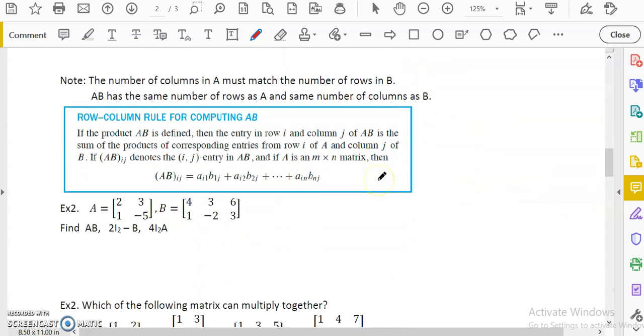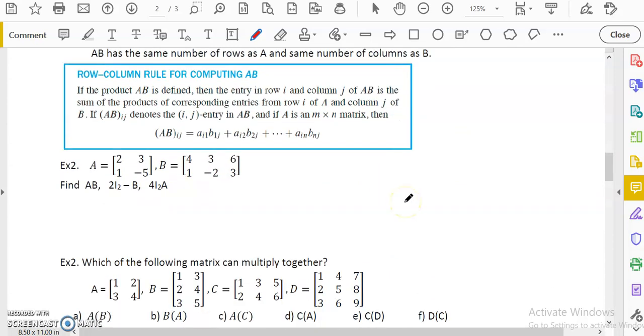Another way of looking at multiplication is using the row column rule for computing AB. Row column rule means when you multiply together, you multiply the whole row of A and the whole column of B to get one entry. For example, AB, I would write A as 2, 3, 1, negative 5, and then write B as 4, 1, 3, negative 2, 6, 3.